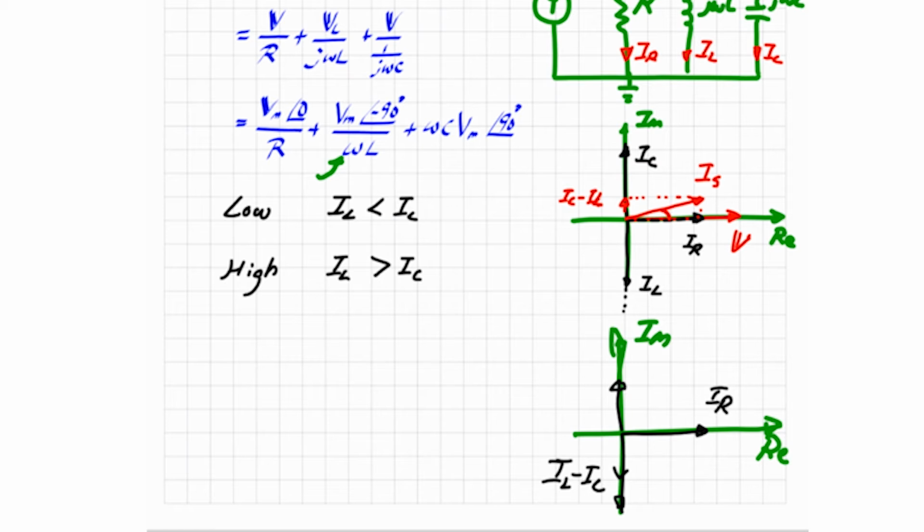Therefore, the sum of the total currents would be here. Now you can see that this time the current is lagging, in the negative direction. So this is IS, where IR is right here and is real. Therefore, the IS, the total current, lags the voltage in this case.